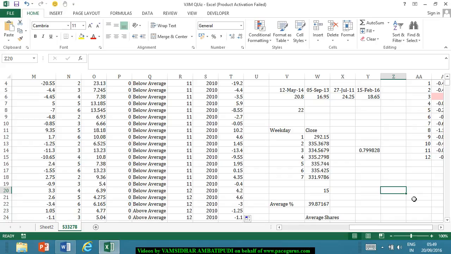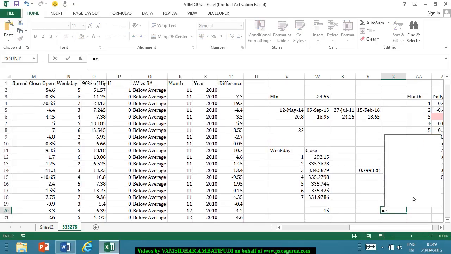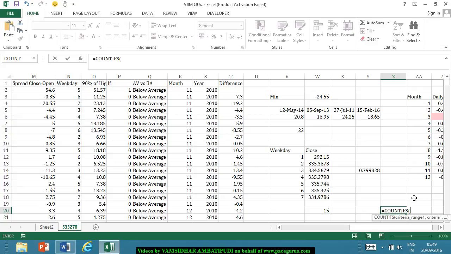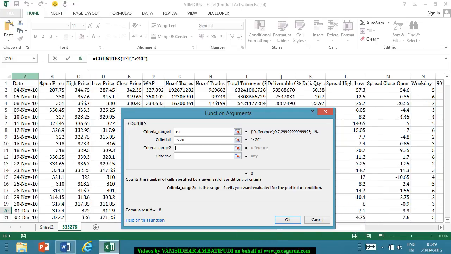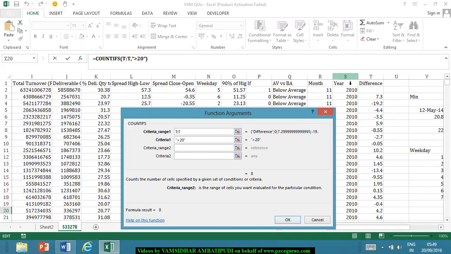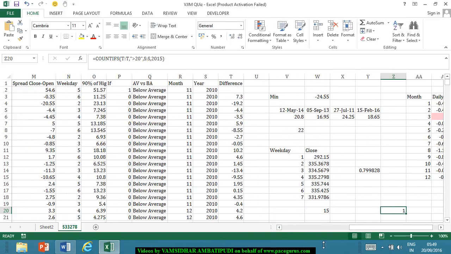Alright, so this is where I can say COUNTIFS I will use, right? COUNTIFS I am going to use, wherein my first criteria is the difference greater than 20, and the second criteria is the year is 2015. I'm getting that there is one period, one day in 2015 where the difference has crossed 20.